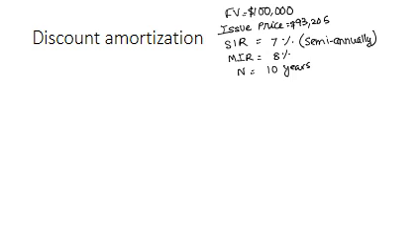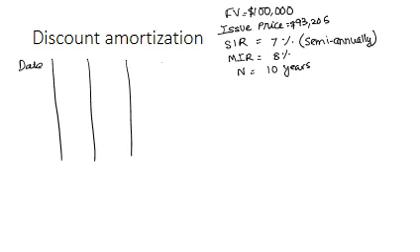So let us now first write the date of the bond and the amortization schedule. So this is known as the amortization schedule.